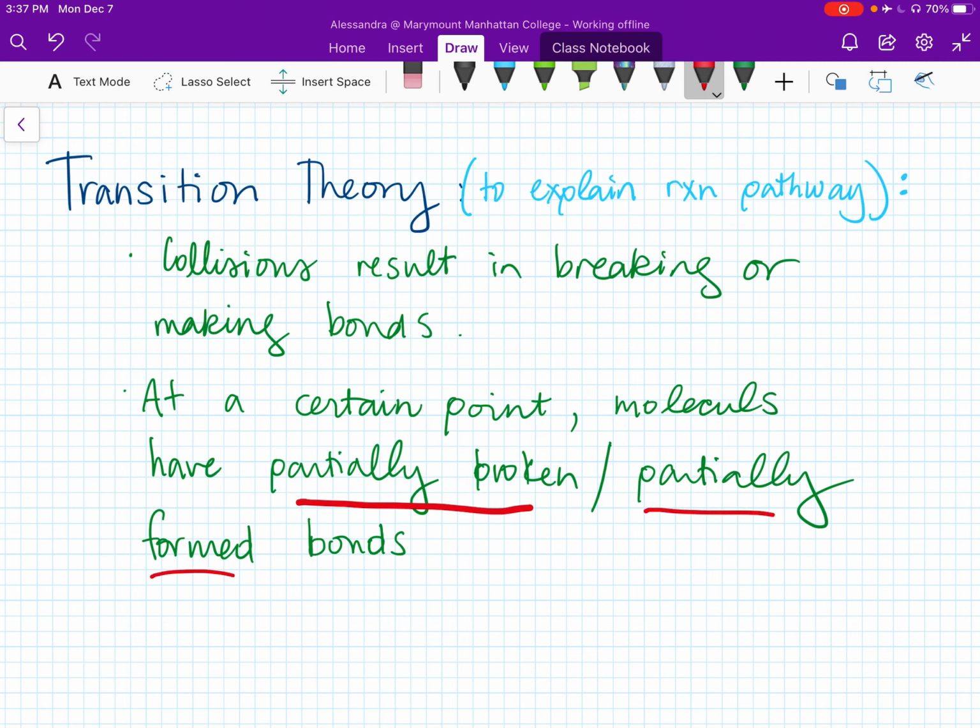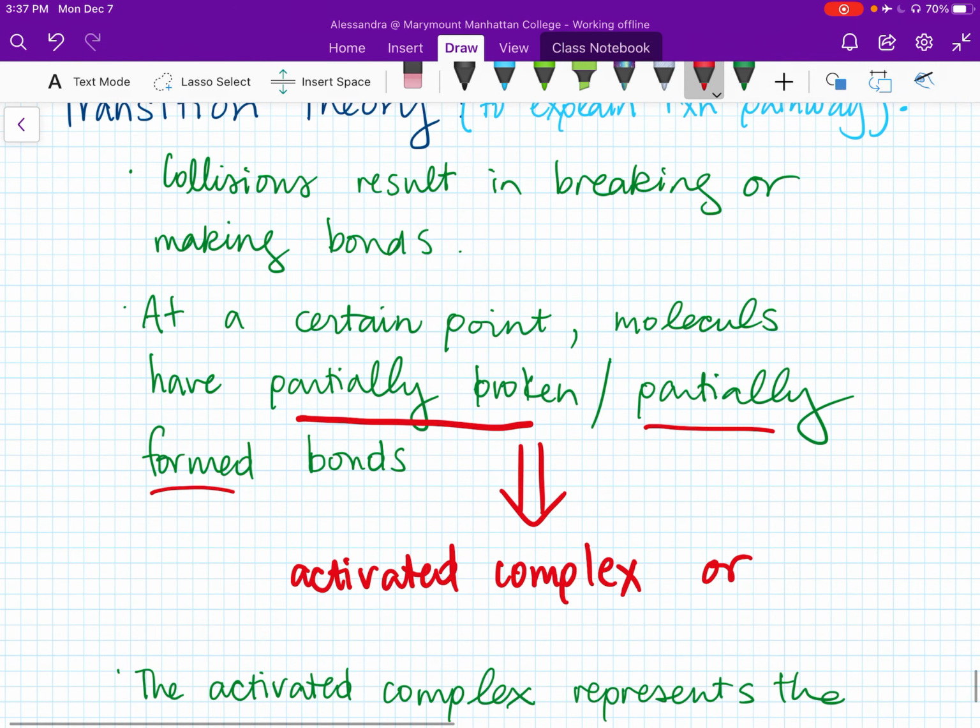So, a species that has partially broken or partially formed bonds is called the activated complex. The activated complex is also sometimes known as the transition state. I usually refer to it as a transition state. They mean the same thing.